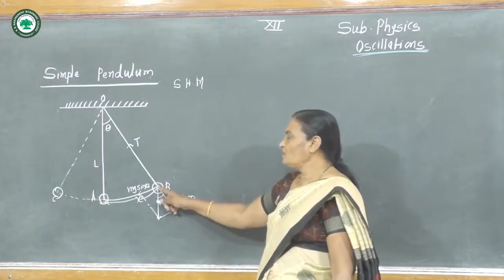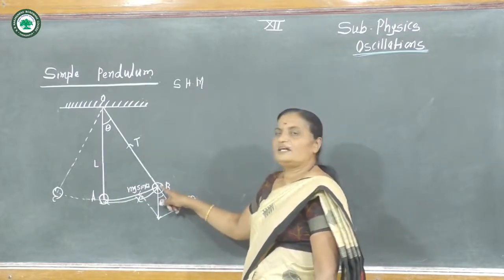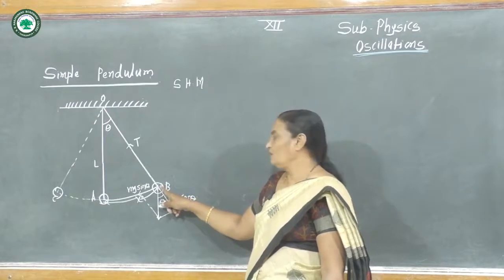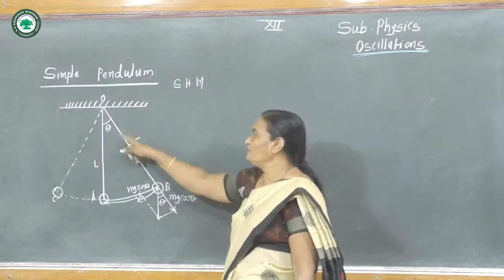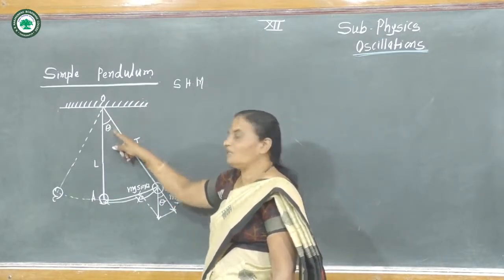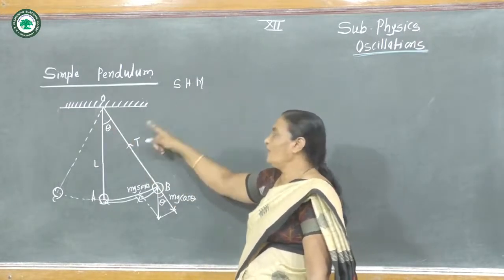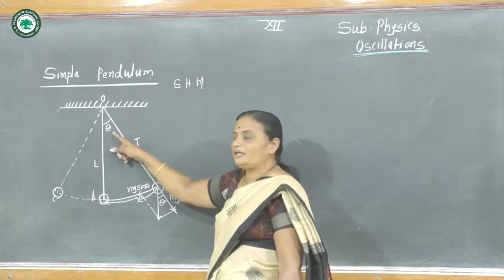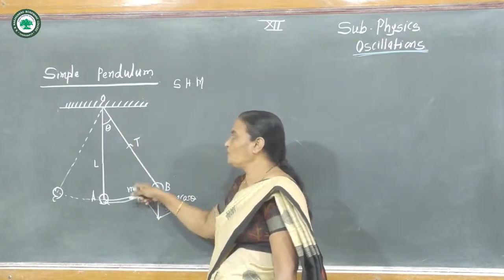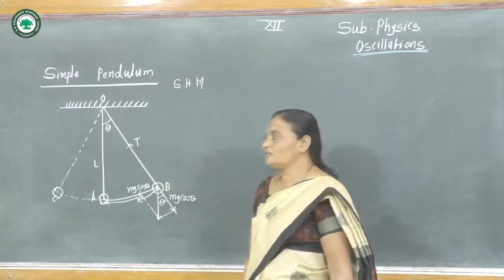Now see, suppose the bob is at the displaced position. Its angle is very small, so it performs simple harmonic motion. If the angle is very small, it performs simple harmonic motion, which we can prove by an expression.